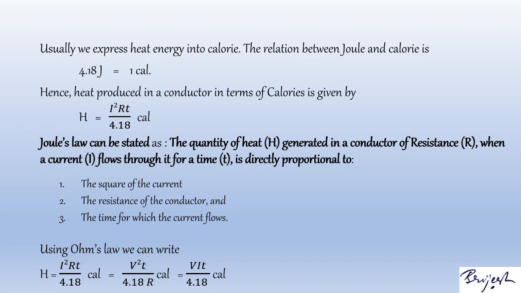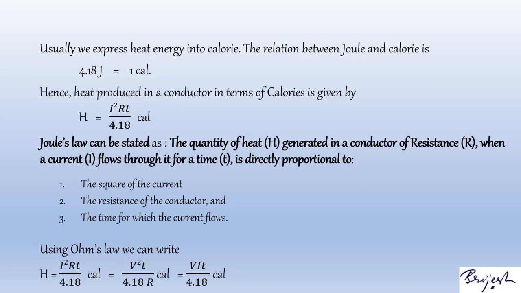Now we can have the actual definition of Joule's law. Joule's law can be stated as: the quantity of heat generated in a conductor of resistance R, when a current flows through it for a time t, is directly proportional to, first, the square of the current, second, the resistance of the conductor, and third, the time for which the current flows.